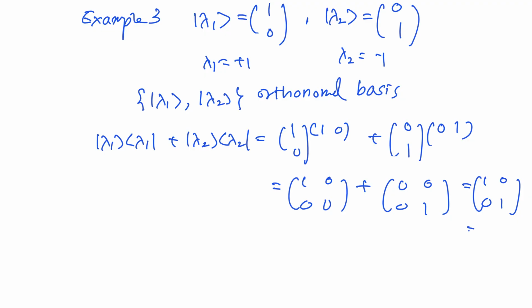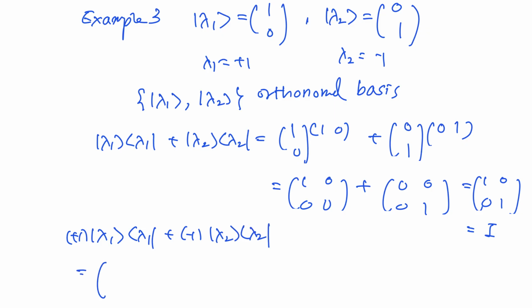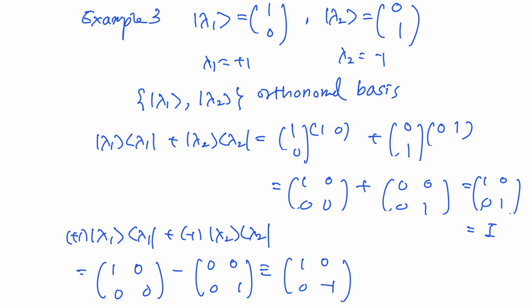Which is identity. How about plus 1, lambda 1, lambda 1, minus 1, lambda 2, lambda 2, which is 1, 0, 0, minus 1, which is another name called sigma z.